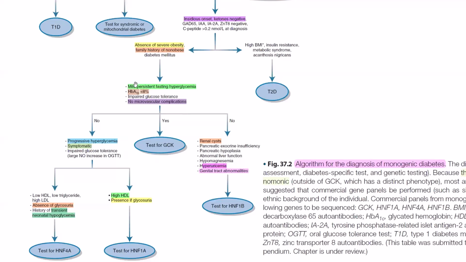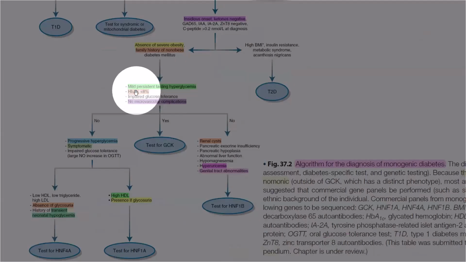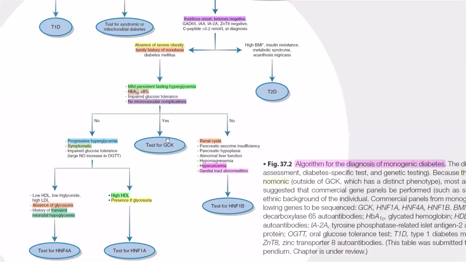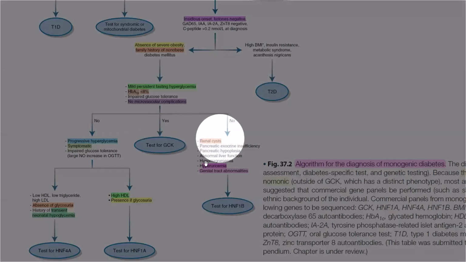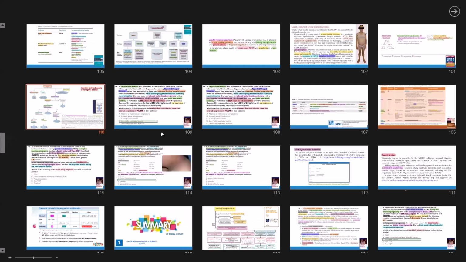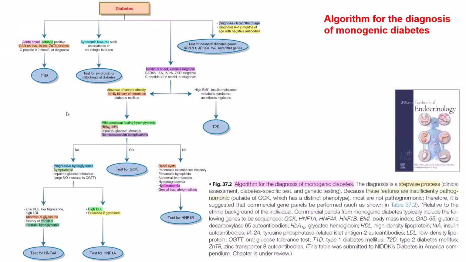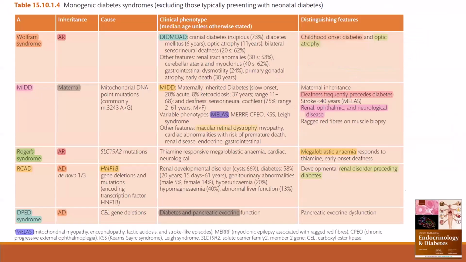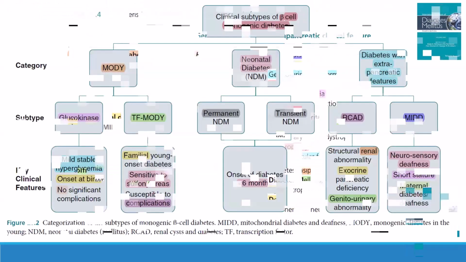If we have mild fasting hyperglycemia, hemoglobin A1C less than 8, no microvascular complication, it is glucokinase. But if we have renal cyst, hyperuricemia, hypomagnesemia, don't forget this. Actually, I think there is a mistake in the previous table.